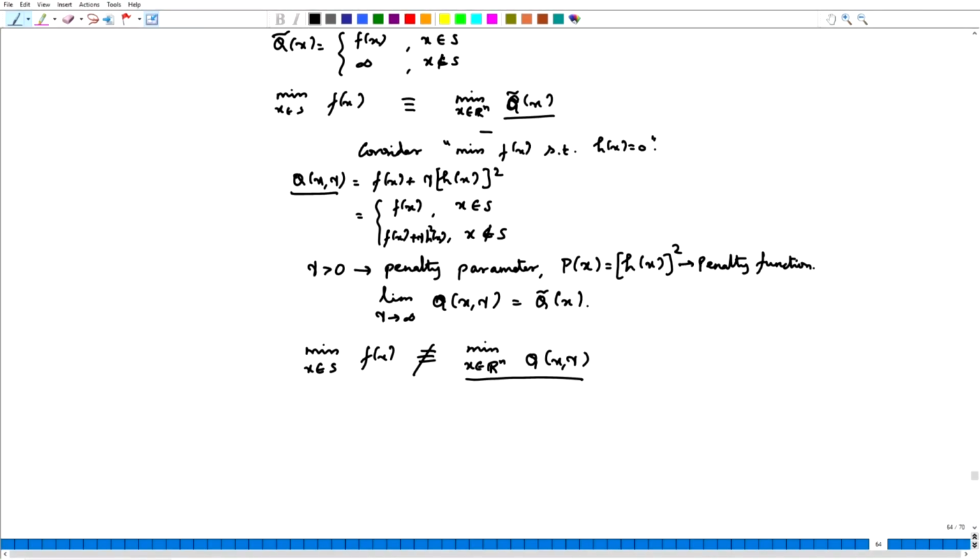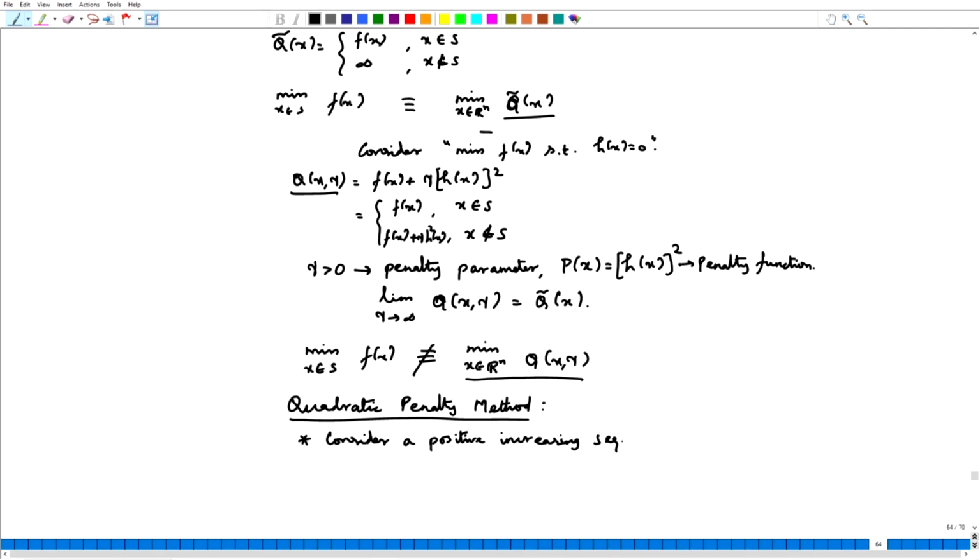So, the method is as follows. Consider a positive increasing sequence gamma 0, gamma 1, gamma 2, dot dot dot, such that gamma n tends to infinity.